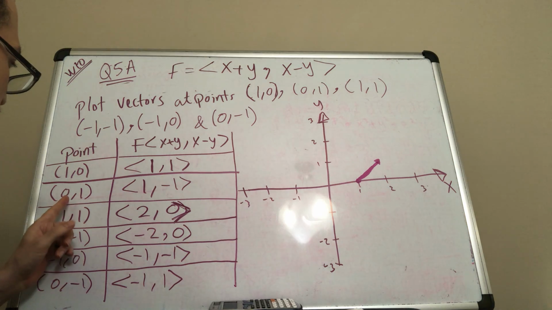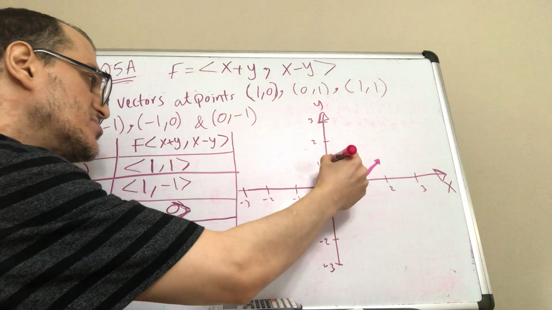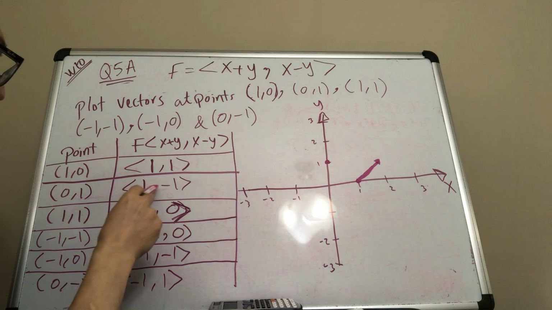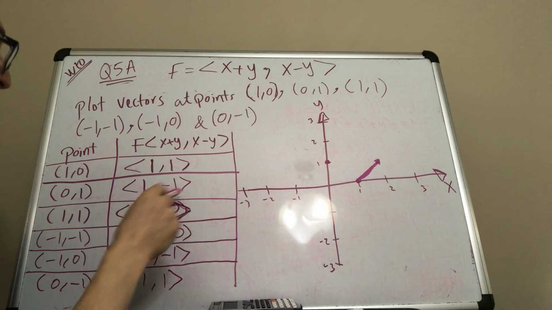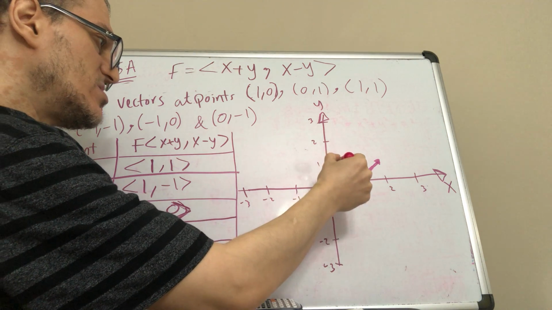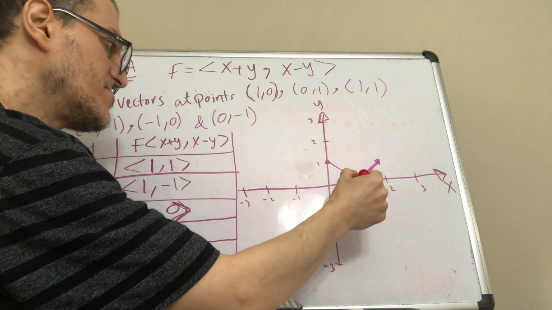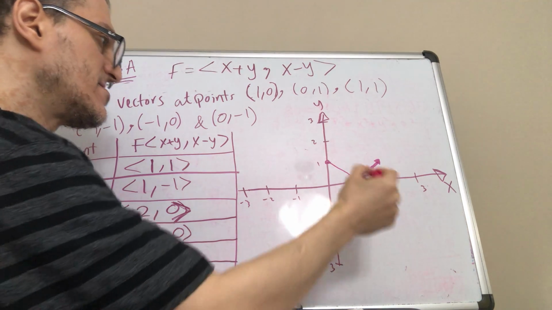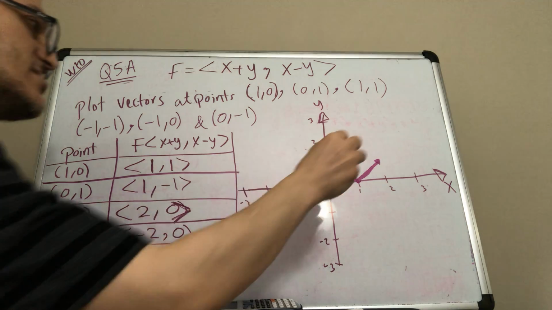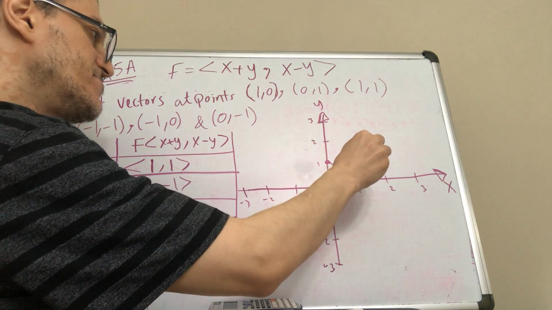Let's do the second one. This is point 0, 1. You go right 1, down 1, so this one will go here. Let's go to the point 1, 1.